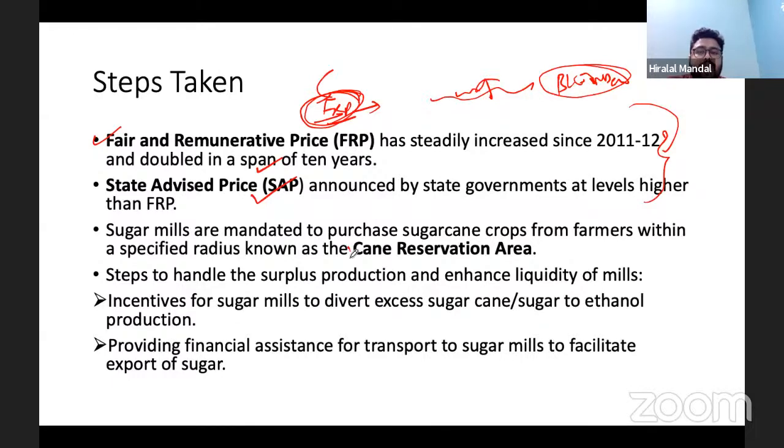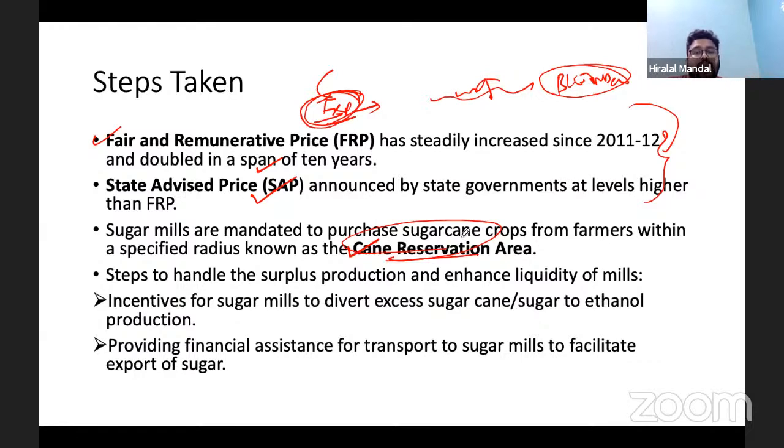At the same time, the cane reservation area has also been mandated by the government, because sugar cane loses glucose content after procurement, when it is purchased by the sugar mills. And if the mill is far, they will lose the glucose content. So what the government has done is define the cane reservation area.